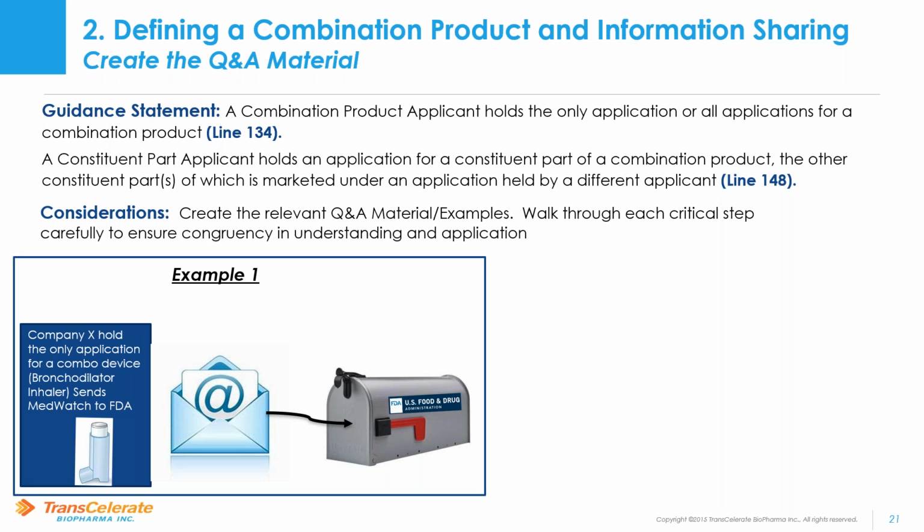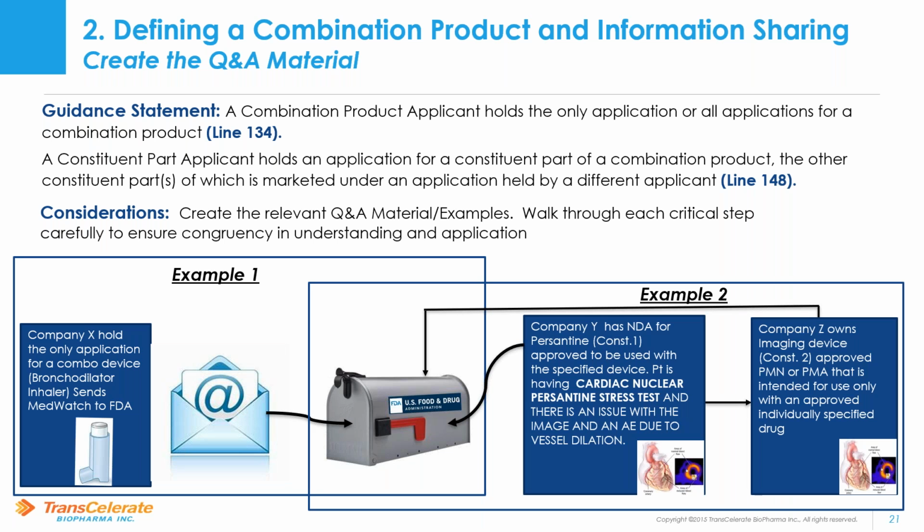Click on Advance. Thanks. Example number 2, here we have a constituent product, we have a device, and we have the drug. So if the event meets the criteria for reporting of each constituent product, and your company is the first to be contacted, then you will be responsible for contacting the FDA and also the other applicant holder.